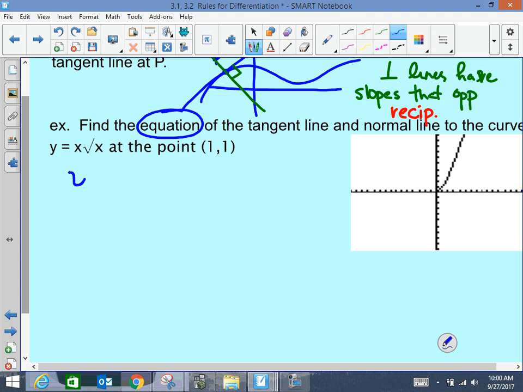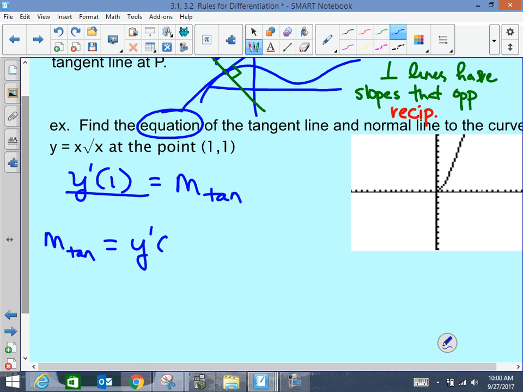So y prime at 1 is really going to give us what piece of this puzzle? The slope of the tangent line. Good point. Okay, so you might want to write this down just to remember that that's what we're doing. Okay, y prime equals. All right, I'll give you a minute, and then we'll plug in 1 together.